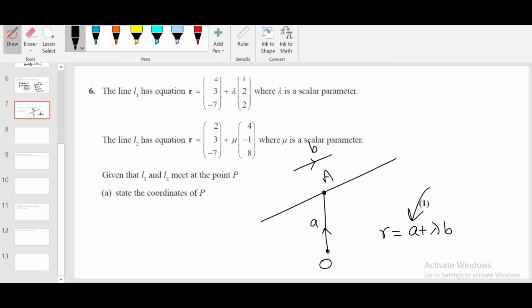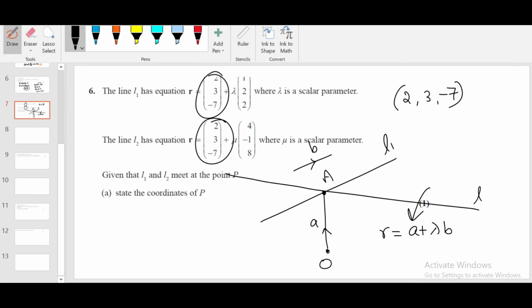So for L1, the point is (2, 3, minus 7). L2 also (2, 3, minus 7). What does that mean? Let's say this is L1, there is another line that also passes through the same point. So the point of intersection is this point (2, 3, minus 7). So straight away you need to write (2, 3, minus 7). That's all. That's just a 1 mark question.